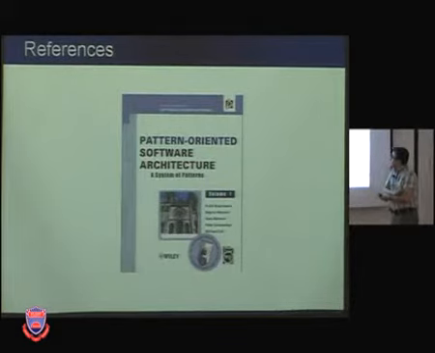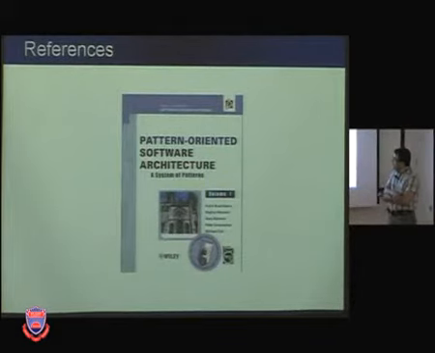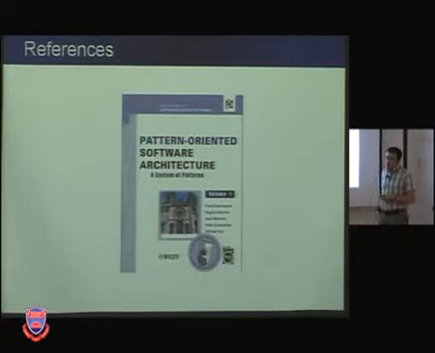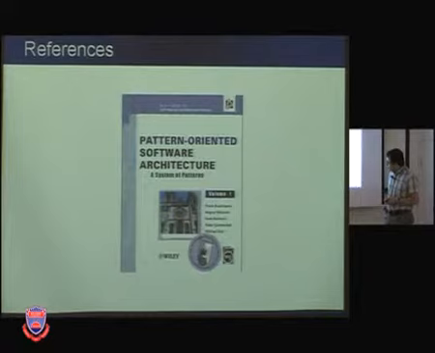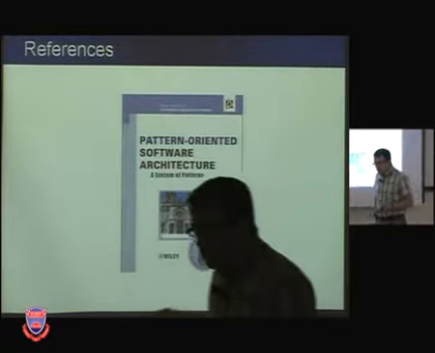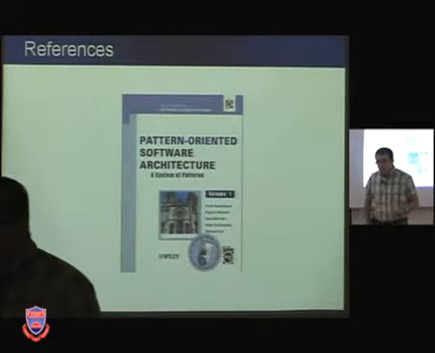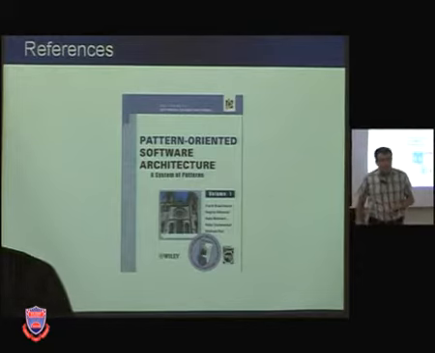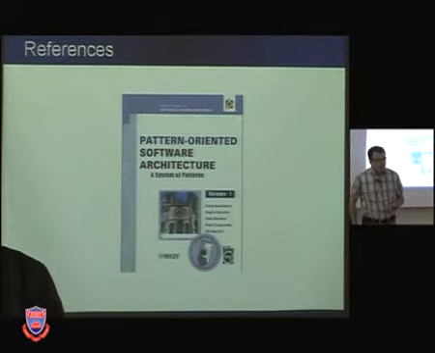The patterns that we have discussed are described in this book. It's a nice book from Buschmann, Meunier, Rohnert, Sommerlad and Stal: Pattern-Oriented Software Architecture, A System of Patterns. It has 5 volumes. The second and the other volumes are more about specific concerns like concurrency and resource management.